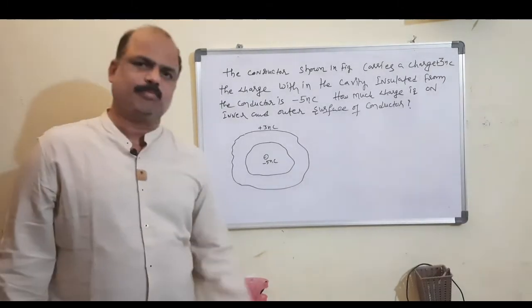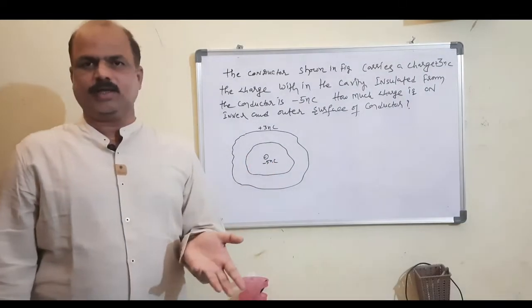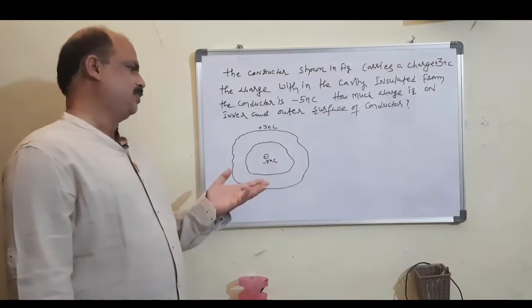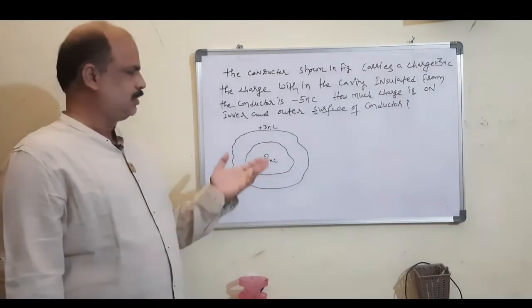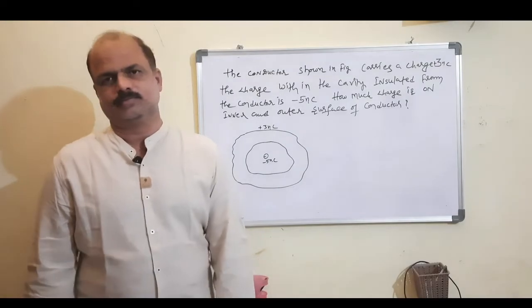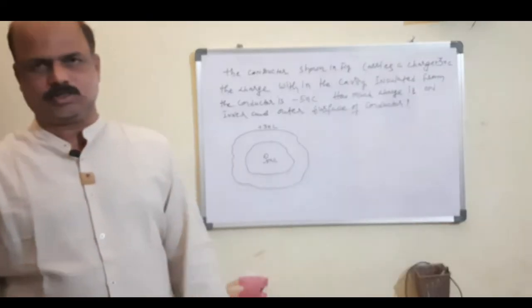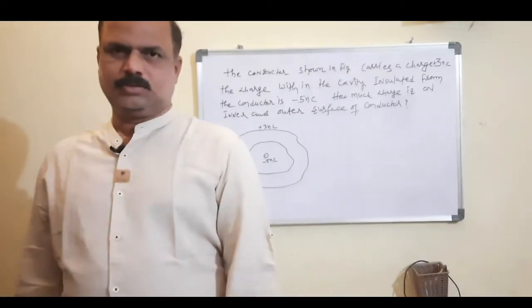That means, in the presence of minus 5 nanocoulombs in the cavity, how much charge is present on the inner surface and outer surface of the conductor? This question is easily solved by the concept of induction.